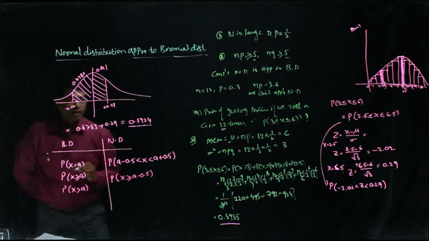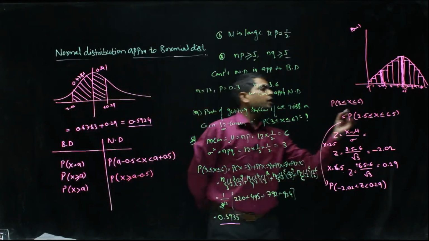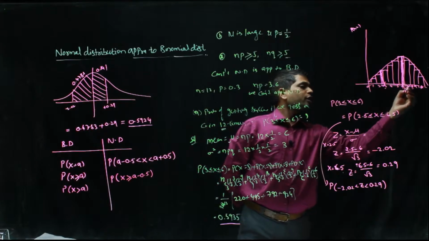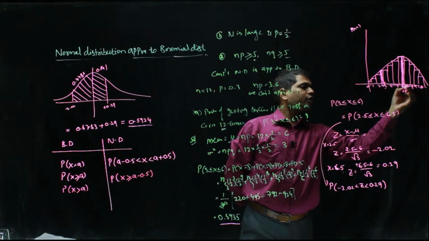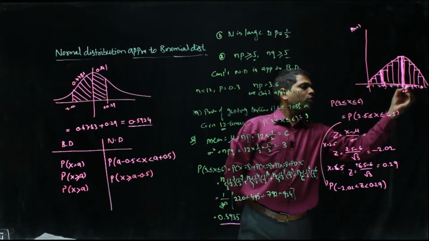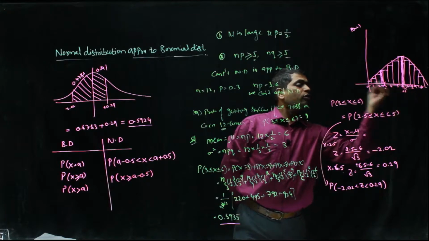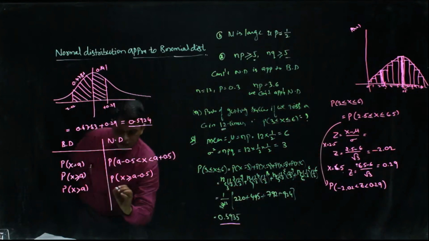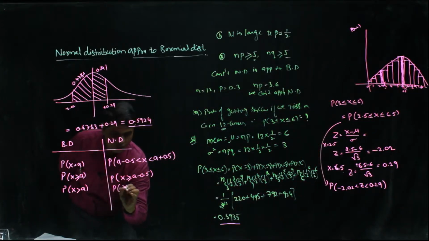Suppose you take x is equal to 7, and greater than a means more than 7. So here it is 7, and up to that we can get the area in the continuous distribution. At that time, we take from 7.5. So we take the probability of x greater than a plus 0.5.